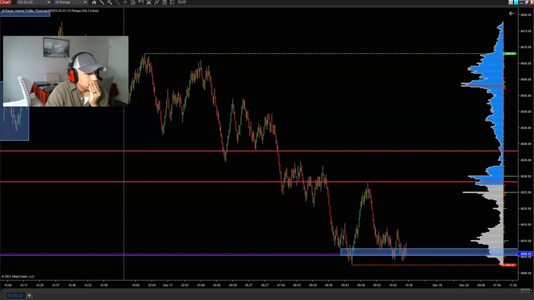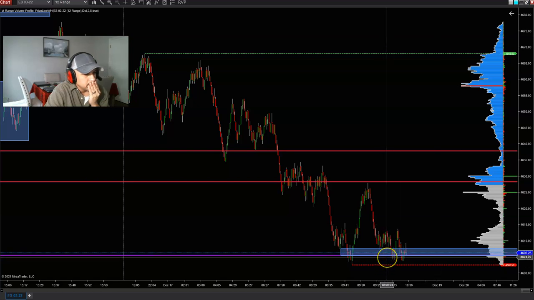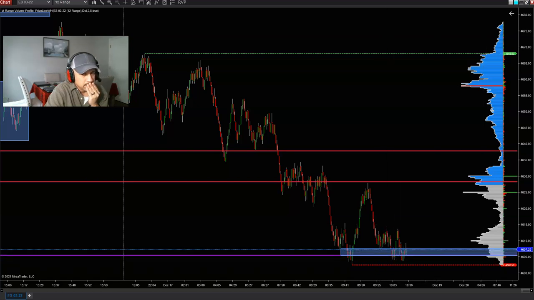Now I want to see it break below 46.04 area to take any kind of entry short.